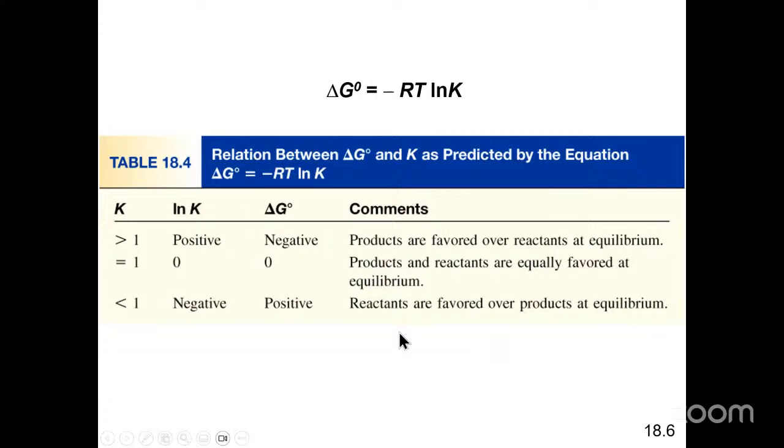So that's a qualitative way of describing the relationship between the standard free energy and K, and the possible consequences of different situations where K is greater than 1, equal to 1, or less than 1, and how it affects the standard free energy.